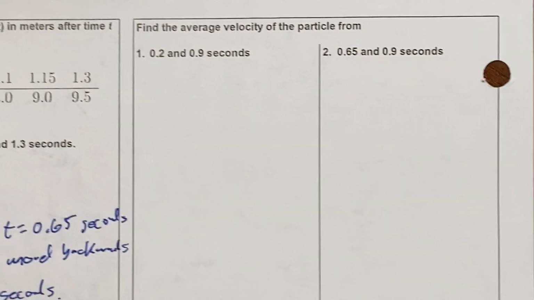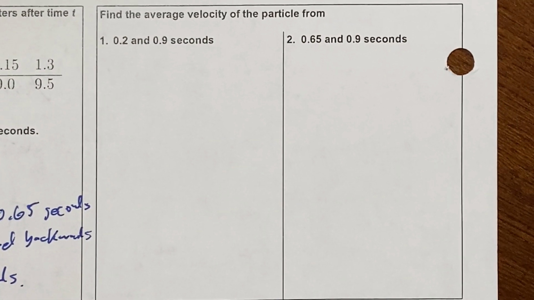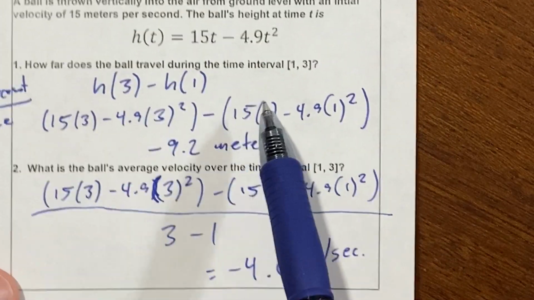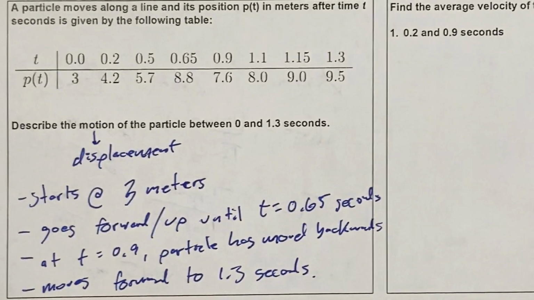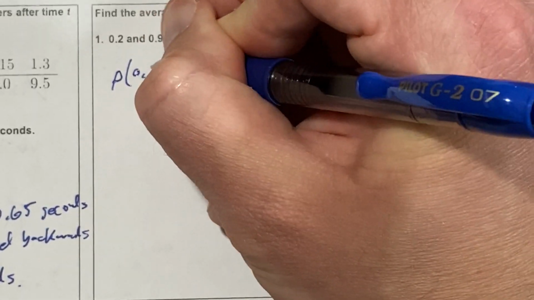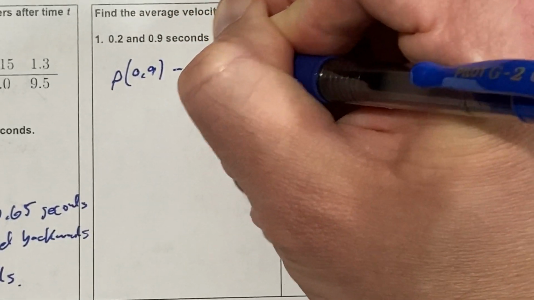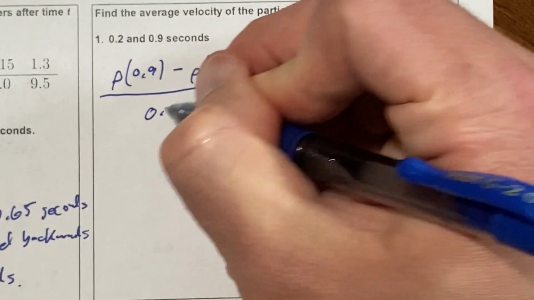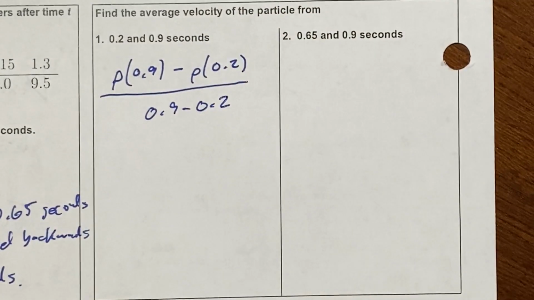Okay, so we want to find the average velocity of this thing over here. And really all we're practicing here is just reading it from a chart. So instead of on this side, where we were taking the function and plugging it in, this is reading it from a chart. So what I would do, let's write it like this: P of 0.9 minus P of 0.2 over 0.9 minus 0.2.